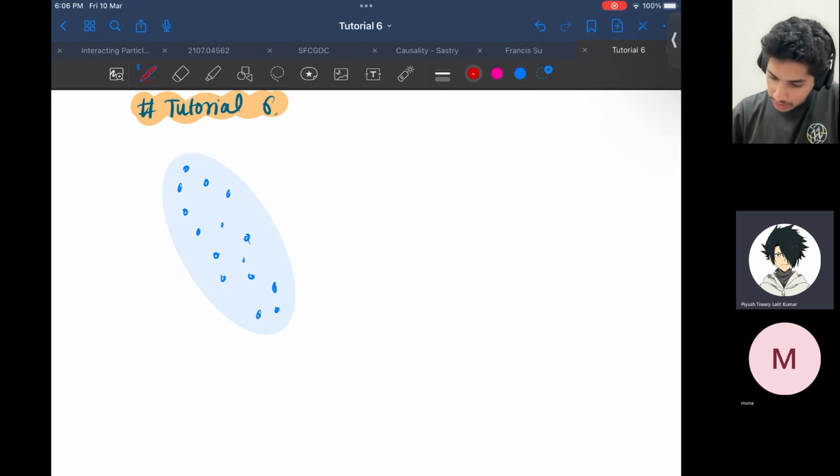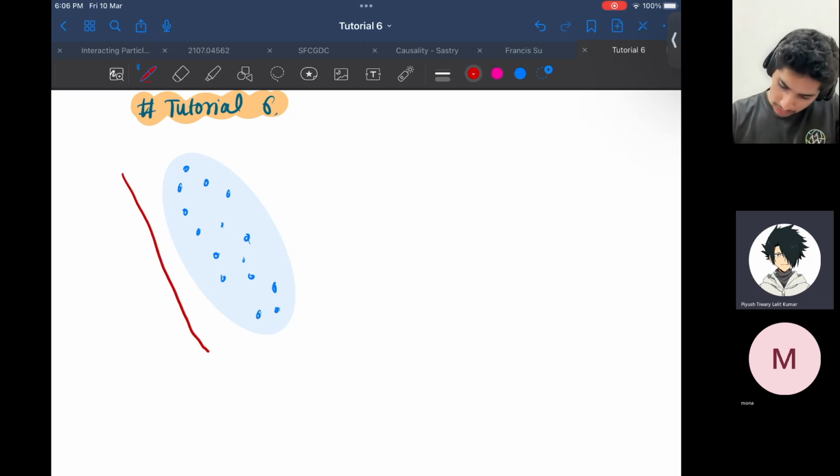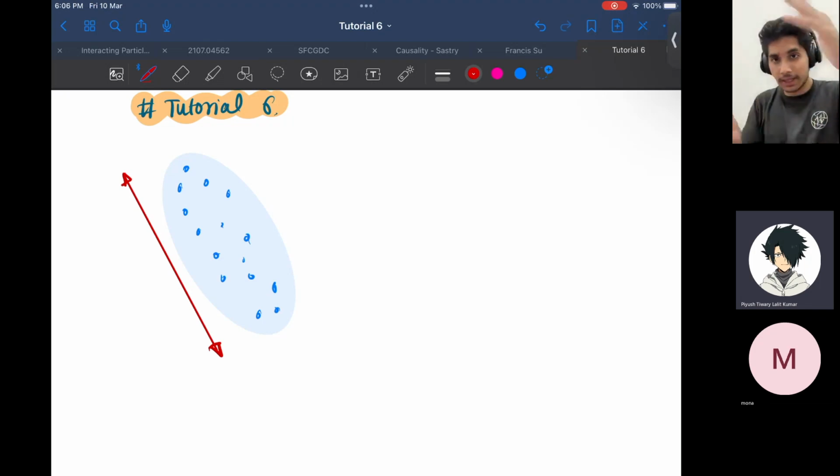You could see that the data has a spread. What is the direction of maximum spread? Perhaps this direction, right? It is elongated in this direction. However, there is another direction which you can see has some spread, which is this one, right? So this direction and this direction.